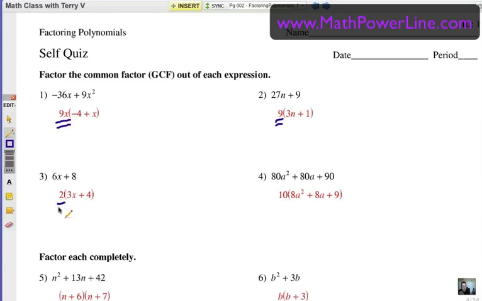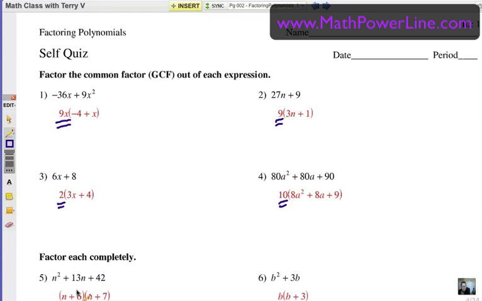Number 3, the only common factor is a 2, so you can divide each number by 2 and get 3x plus 4. And finally, number 4 in this group is 10, the greatest common factor. Notice how there is not an a term here on the 90, so you can't take an a factor out of that.